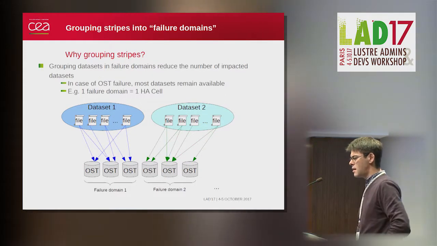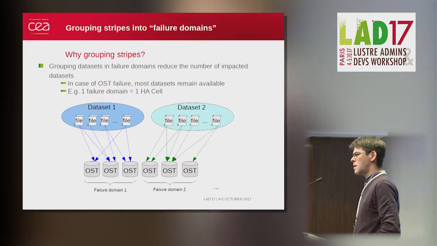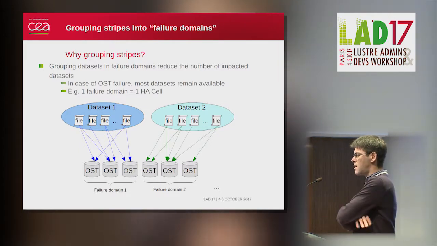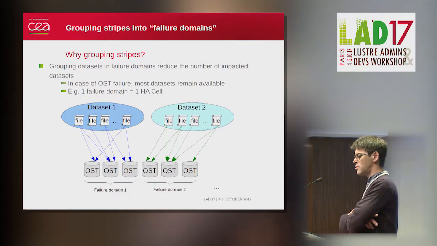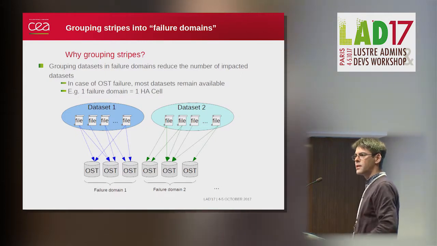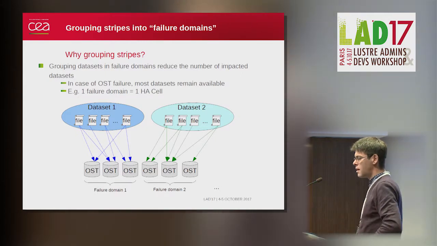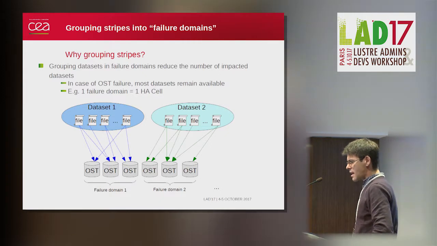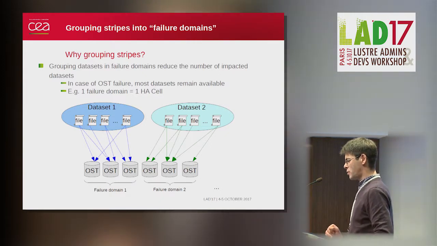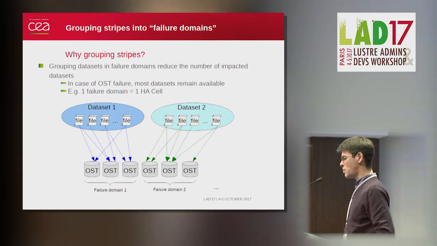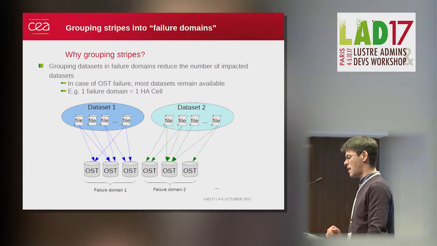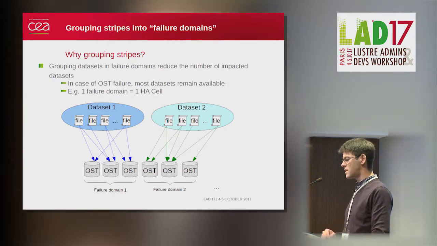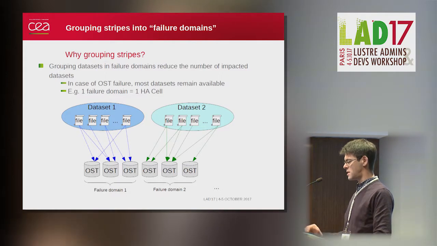So the idea is to group user data or computation data into failure domains. Basically, a failure domain can be an HA cell. If we do so, like in this example, we group every stripe of one data set on a pool of OSTs and another data set on another pool.